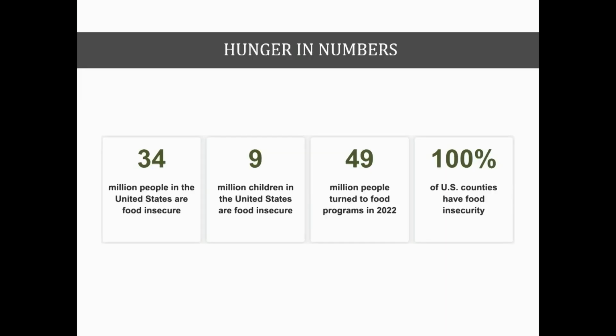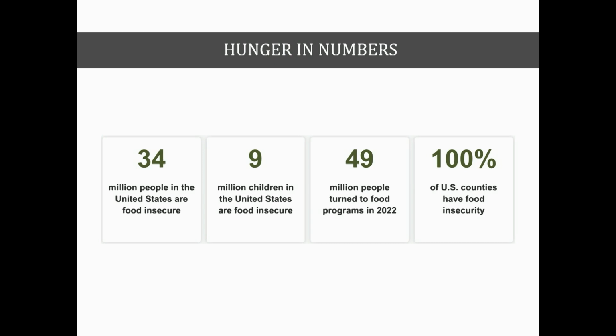At the same time, 34 million people in the United States are food insecure. This is defined as, when asked the question, do you have enough food to feed everyone in your family? The answer is no. 9 million of them are children. 50 million people turned to food programs in 2022.